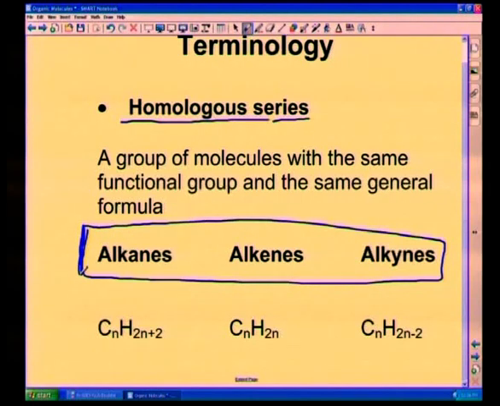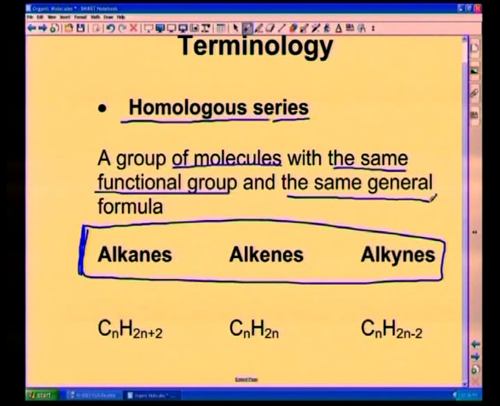What is a homologous series? A group of organic molecules with the same functional group and the same general formula forms a homologous series.